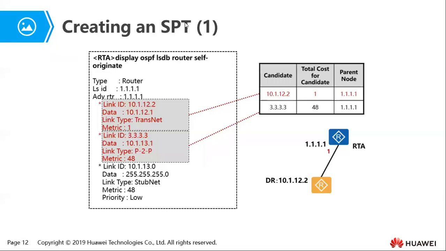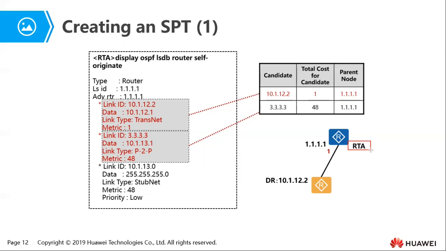Now, when creating the SPT, shortest path tree, each router will put itself as the root of the tree, as the root node.